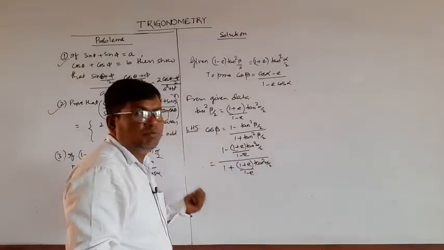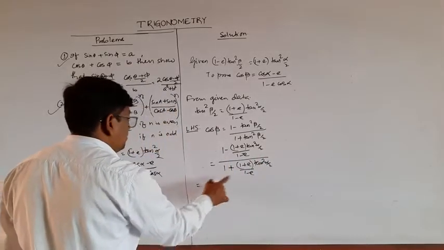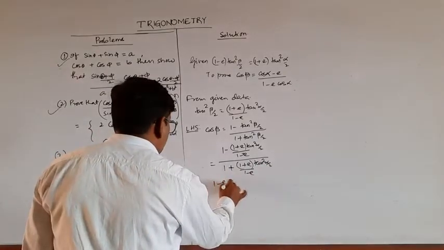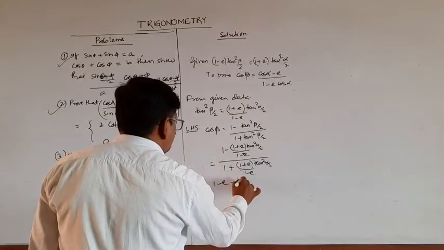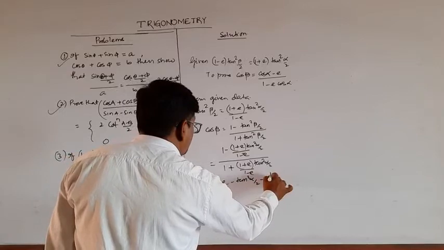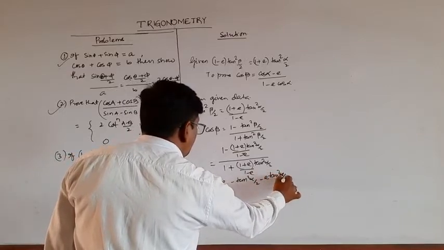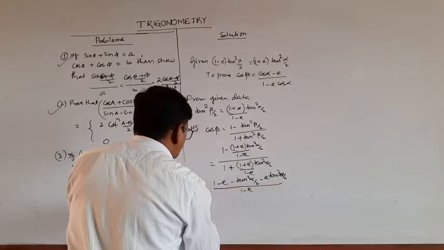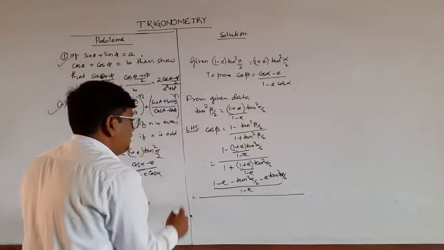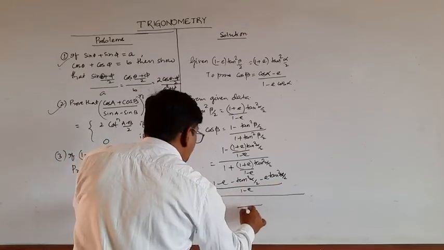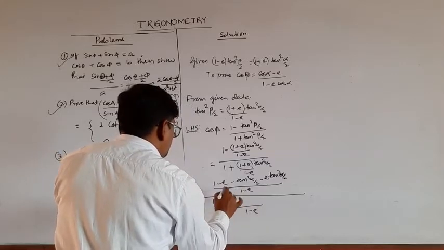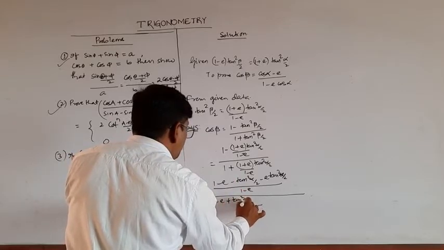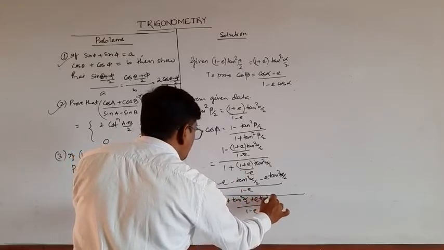Now simplify it. The LCM is 1 minus e in the numerator and also 1 minus e in the denominator. So the numerator is 1 minus e minus tan square alpha by 2 minus e tan square alpha by 2, divided by 1 minus e, and whole divided by 1 minus e plus tan square alpha by 2 plus e tan square alpha by 2.